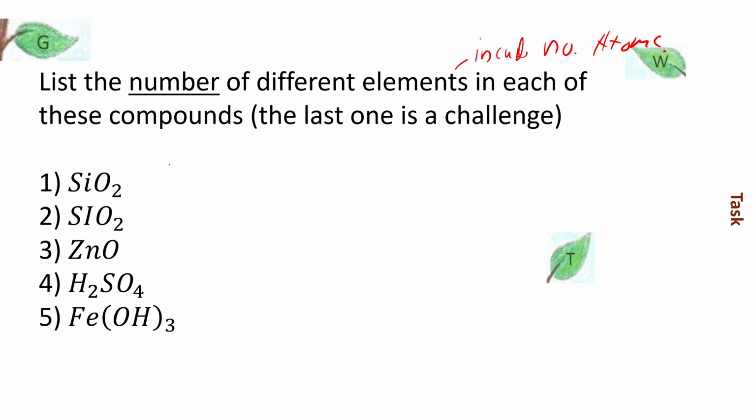So what do I mean by that? Well, let's have a look at this. I know that this one, and if you look from the previous task, they are the same. So you've already written the number of elements down somewhere. Okay, so if you've done the first task, you've already got this information, you can just add on to it. So somewhere you have got that this contains silicon and this contains oxygen.